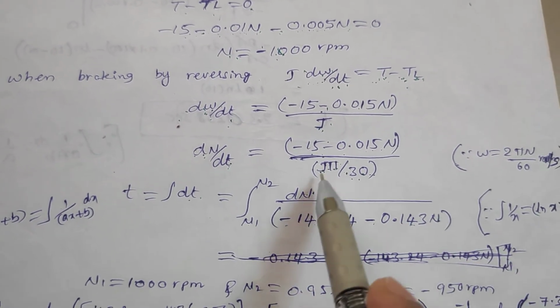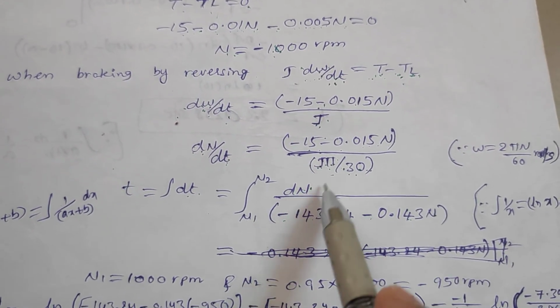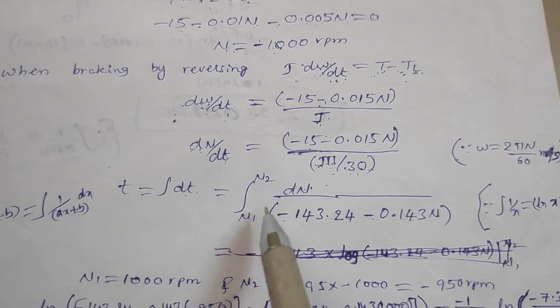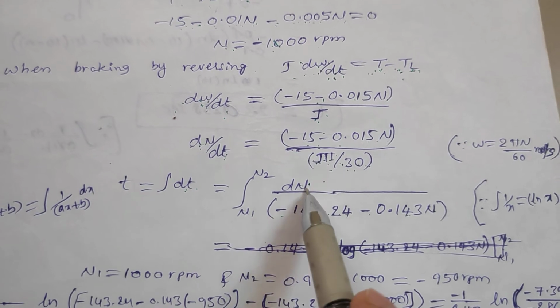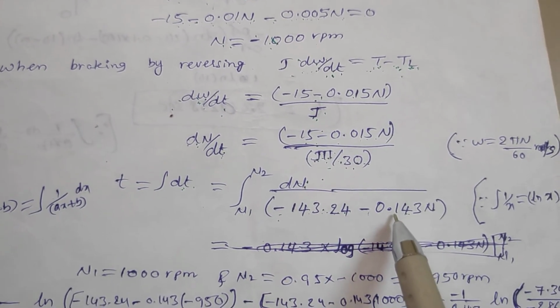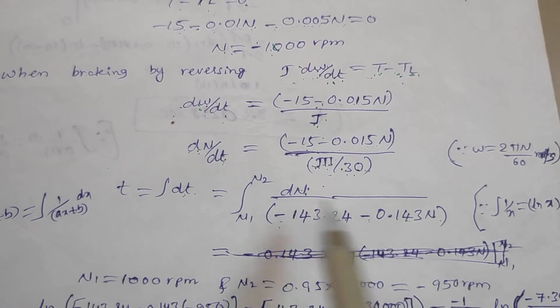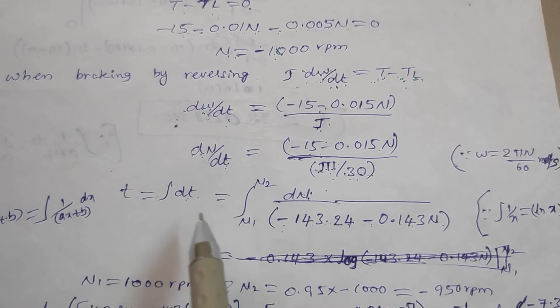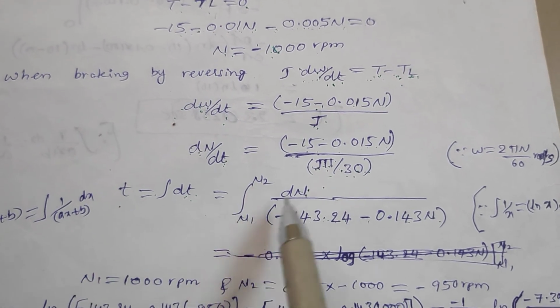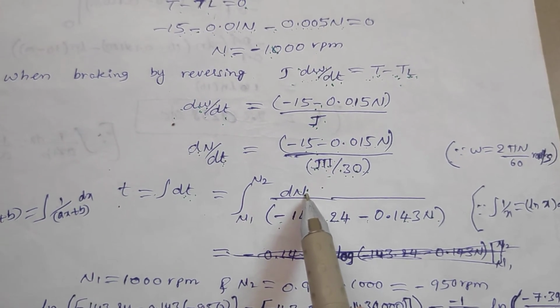Just use a calculator and solve this equation. So now your final equation will become dt is equal to dn by minus 143.24 minus 0.0143 n. If you integrate on both sides, integration of dt will give t, and the integration of this is the speed equation.